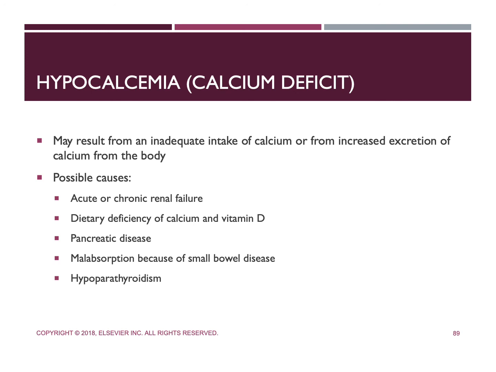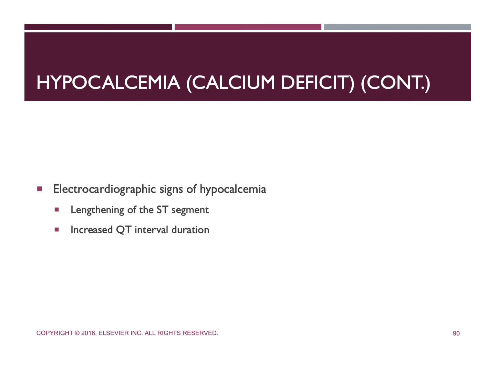Hyperactive deep tendon reflexes, carpal spasms, and even facial muscle contraction and pathological fractures are possible as well. With hypocalcemia, what we're going to see on the ECG are lengthening of that ST segment and increased QT interval duration.